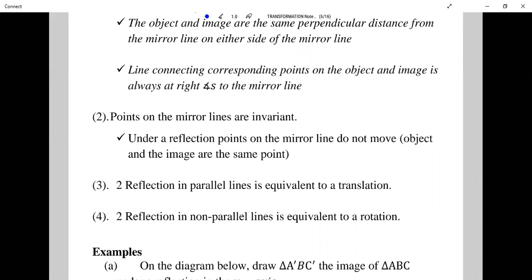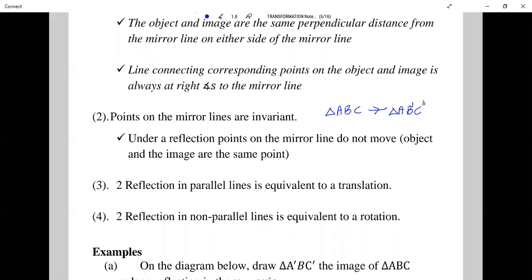So in the example we looked at before, triangle ABC became triangle A B prime C prime. You'll notice that the point A is both object and image.